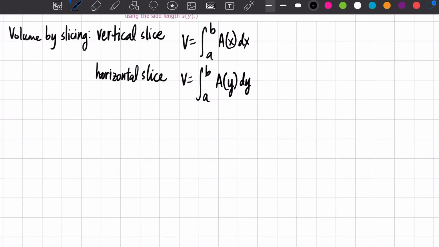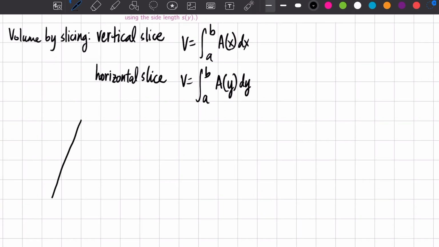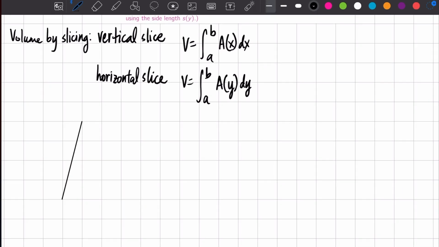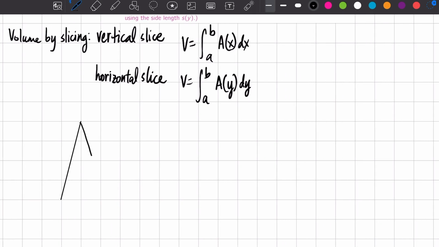So you have your pyramid with a square base. I hope I can get this right. Let's just convince ourselves that this is a square.